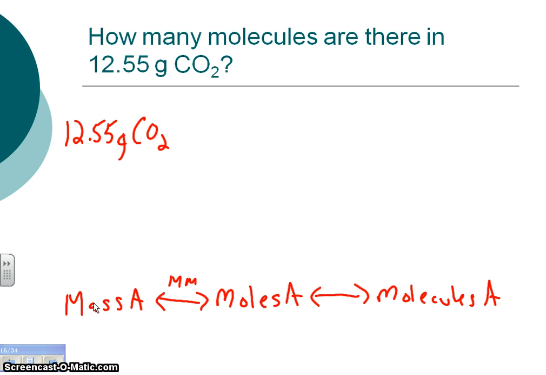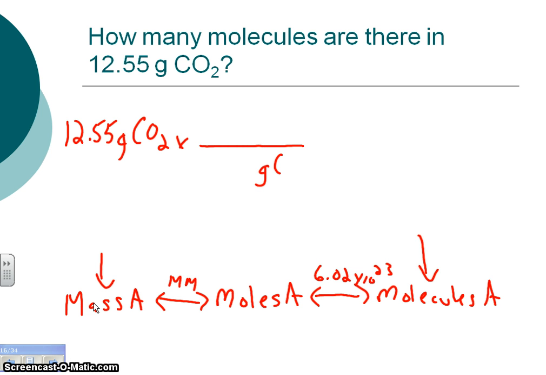Here we have our molar mass. Here we have 6.02 times 10 to the 23rd. All right, and let's just set up our unit multipliers because our starting point is here and our end point is there. So we're going to just set up our unit multipliers with labels.